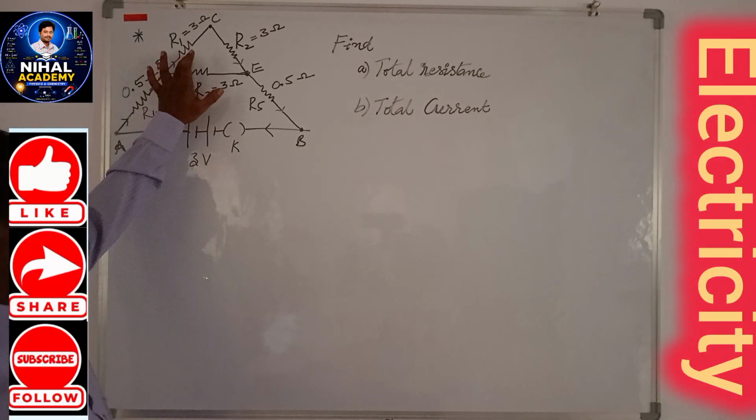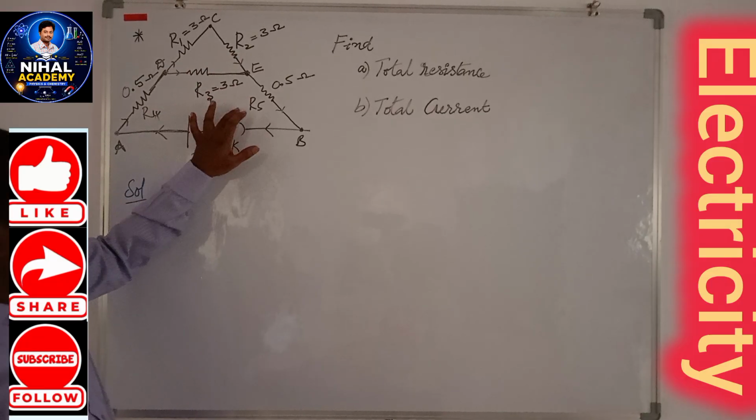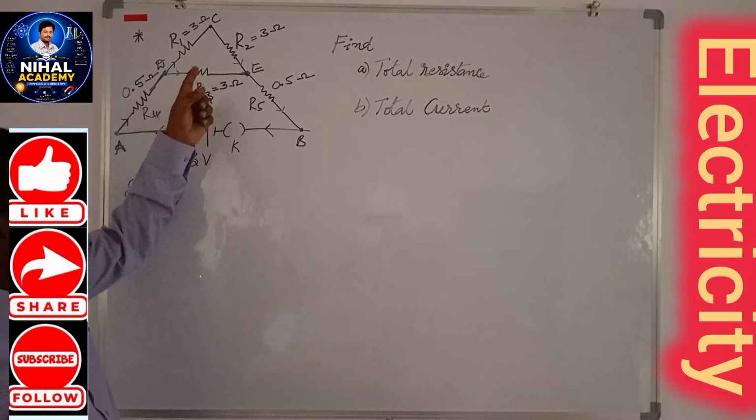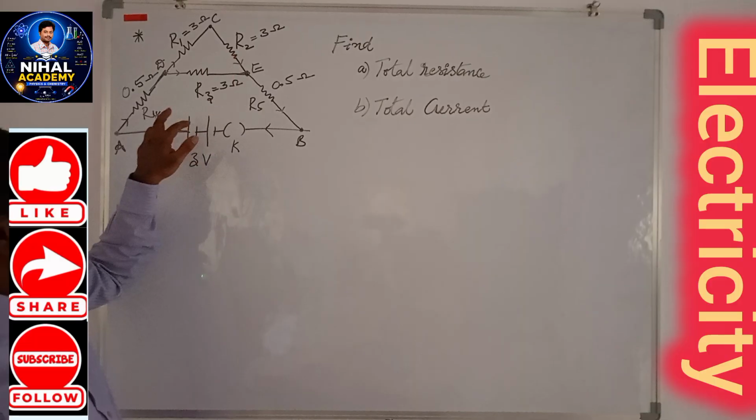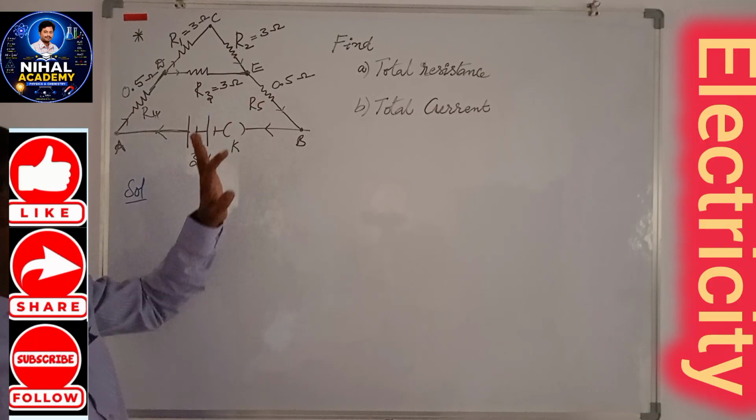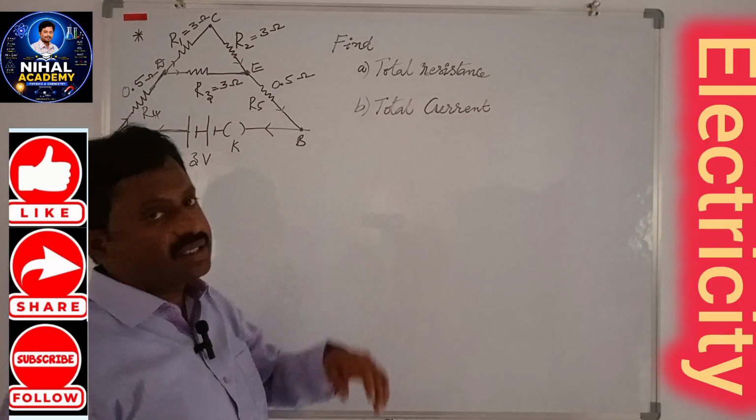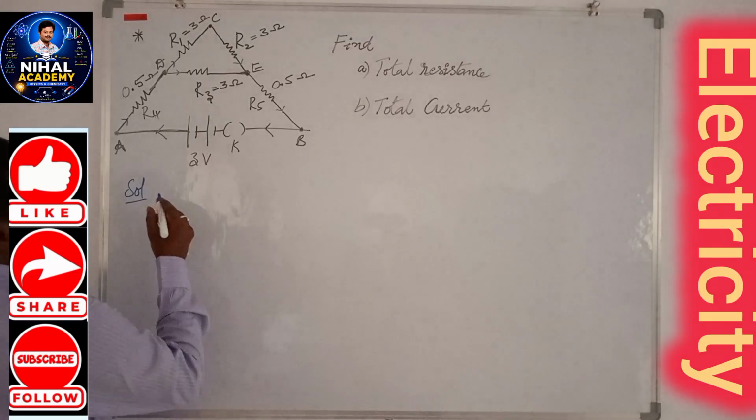The circuit is given, R1, R2, R3, R4, R5 and the potential difference is 3 volt. R1, R2, R3 are equal to 3 ohm and R4, R5 are equal to 0.5 ohm. Now he asks you to calculate the total resistance. We'll find out now.